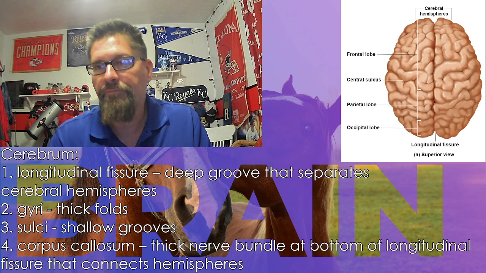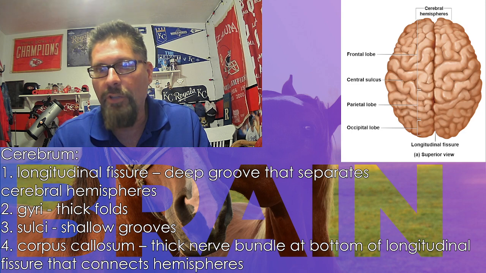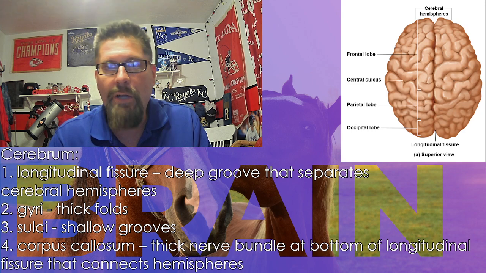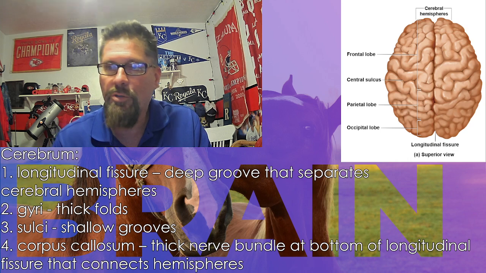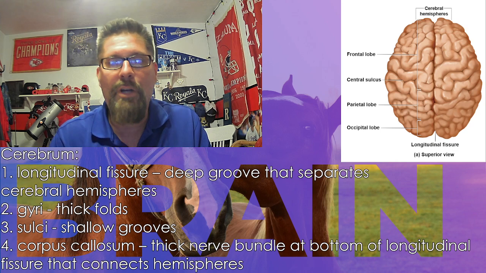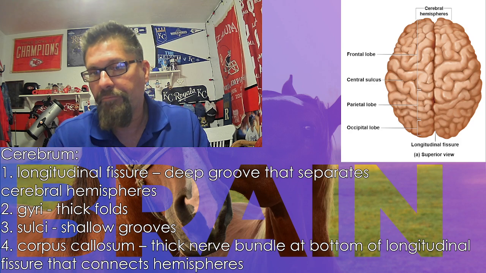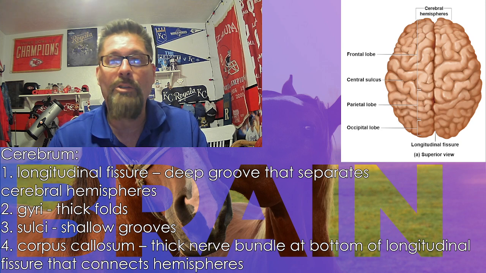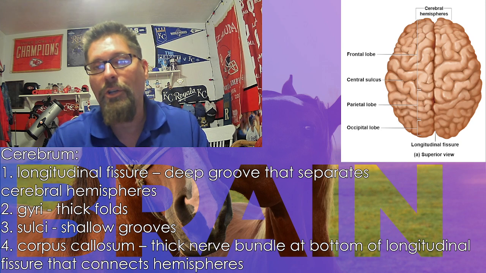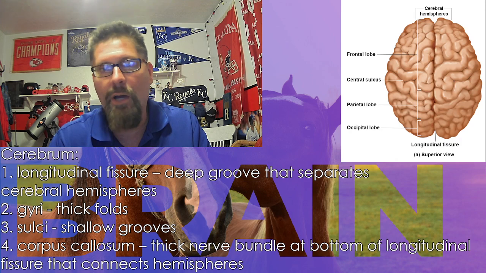But looking at the different parts along with the fissure, you've got the gyri, the thick folds, almost intestine-looking, and then of course the sulci, the shallow grooves that go down into there. And then the most interesting part is the corpus callosum, which is a huge part of the brain and allows that left side affecting the right side, right side affecting the left side, to happen.